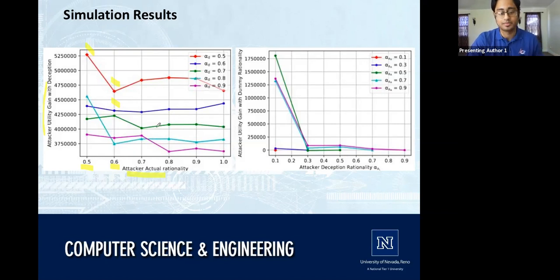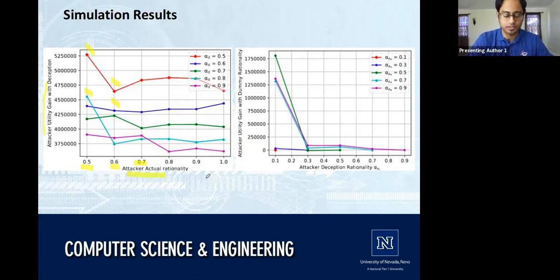But the order becomes a lot less predictable because case in point, if you're an attacker who's say a 0.5 rationality, you will gain a higher utility if you're facing a defender who's 0.9 than that of 0.6. And if you're an attacker who has, say, a 0.6 and a 0.7 rationality, you will get a much higher reward facing a defender who is 0.9 than that of 0.8.